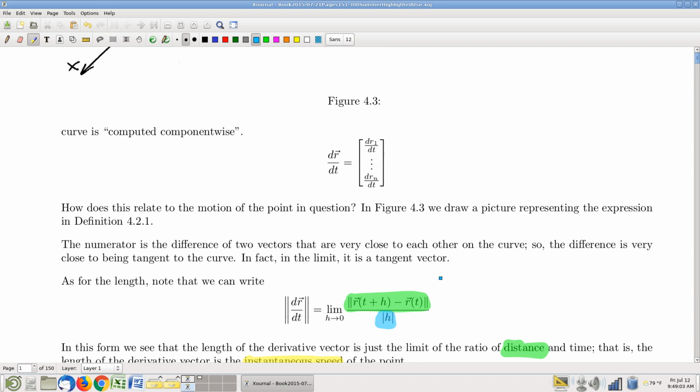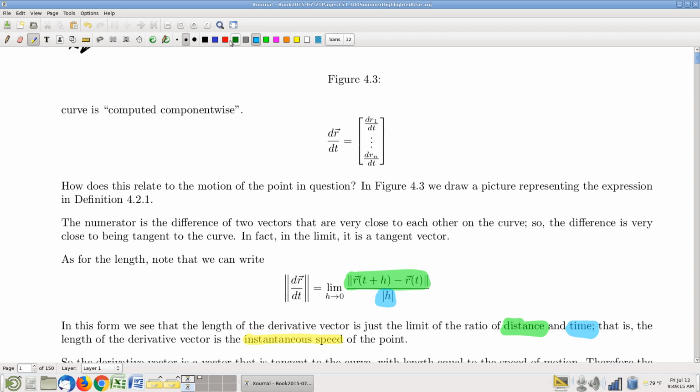Well, what is h? h is the amount of time between t plus h and t. So we're looking at distance divided by time, and that's speed. This is what's known as instantaneous speed. The limit of distance over time is instantaneous speed.